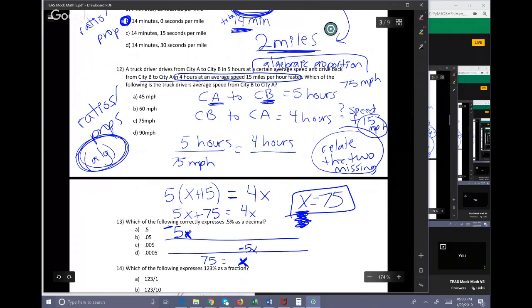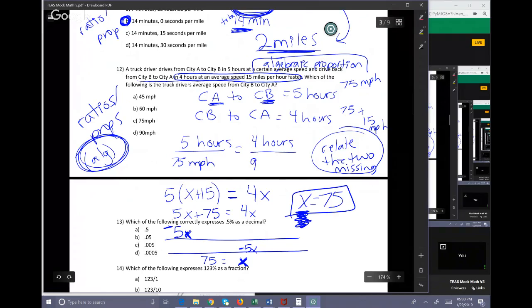Then, if you want to know what the 4-hour speed was, you have to go back to what you knew before, but you have to add in the speed that's now known. So we were going 75 on the 5-hour trip, and we know that we go 15 miles per hour faster on the trip back.